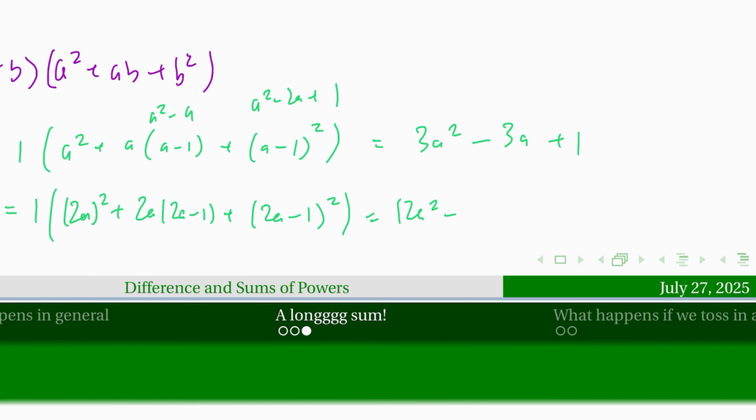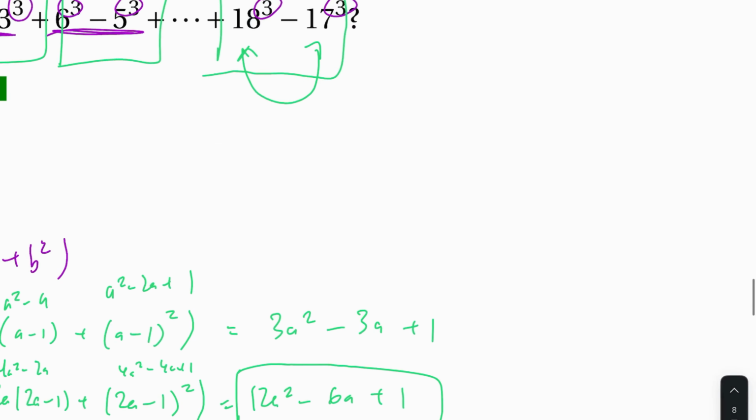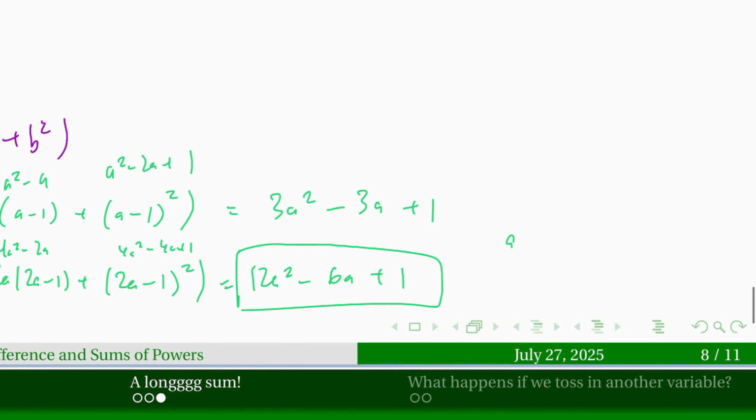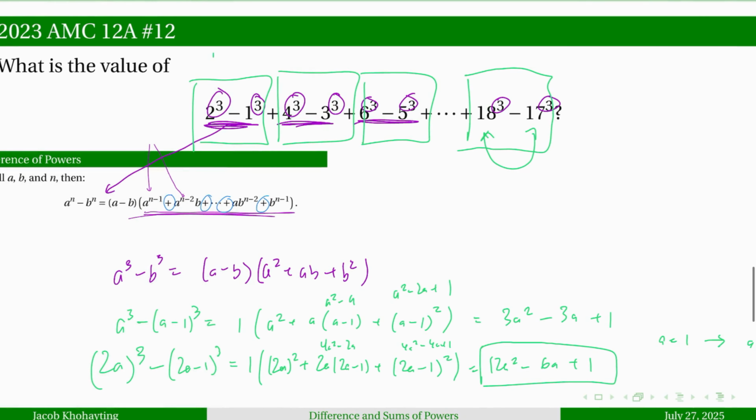This is 12a squared, this is 4a squared minus 2a, 4a squared minus 4a plus 1. So minus 6a plus 1. I want to find the sum as you take a equals 1 until a equals 9, right? Because we have 2 times 1 here, 2 times 2 here, all the way until 2 times 9 here.